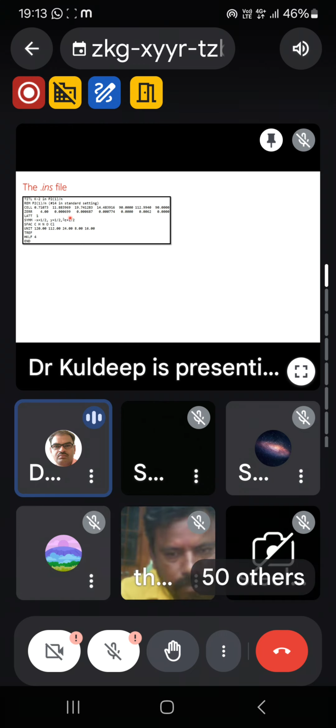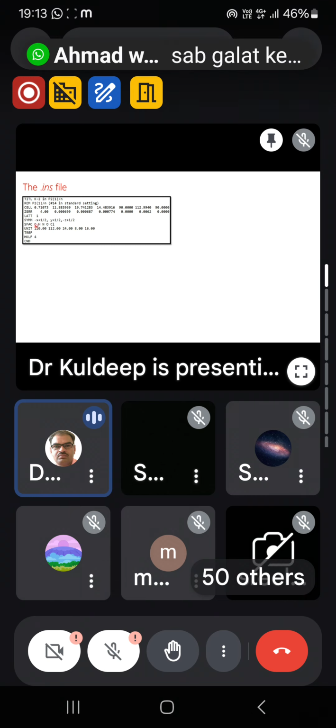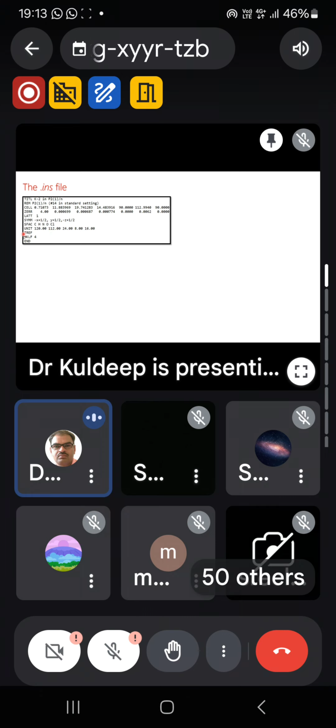Then SYMM, these are the coordinates of the general positions. SFAC are scattering factors. These scattering factors are for carbon, hydrogen, nitrogen, oxygen, chlorine. And then UNIT, how many carbons and hydrogens and so on are present in the unit cell. Then TREF is a command to solve the structure by direct methods. And then HKLF 4 is the instruction to read the HKLF 4 file.